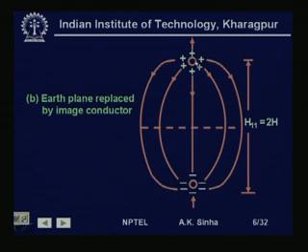That is, we are considering an image of this conductor below the ground. So, this is a mirror image of this conductor, and the charge on the image conductor is opposite of that of the overhead conductor. Now, if we have such a system, then the field lines will look like as shown here.